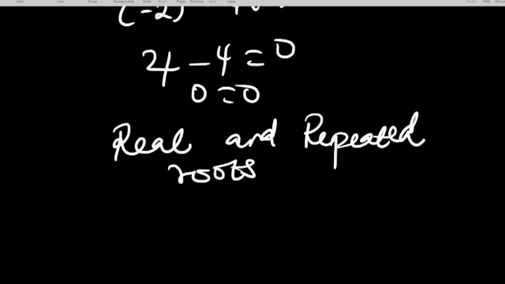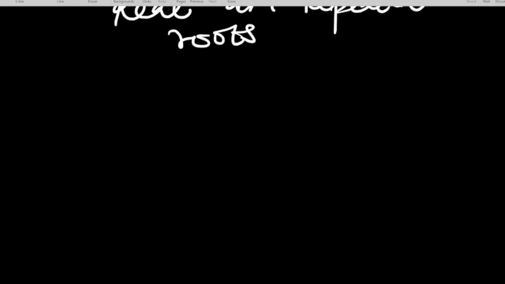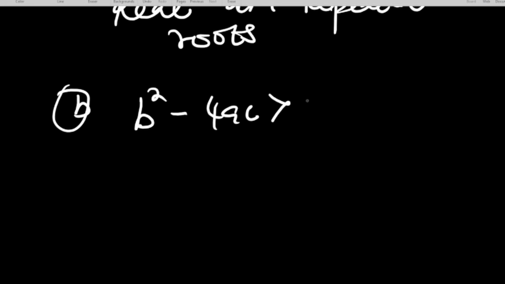Now, for the second condition, what if we have b squared minus 4ac greater than 0? If you test for the nature of the roots and find that your discriminant is greater than 0, that is, you get a 1, a 2, or 3, it means that the roots are real and distinct.